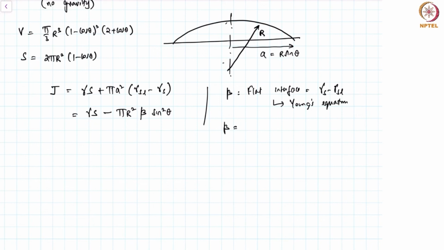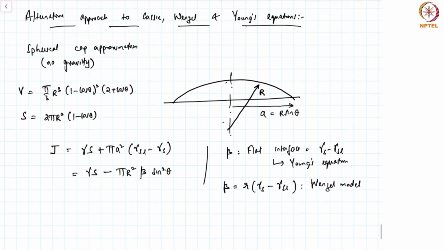In the case of the Wenzel state, if I apply this β to be R times (γs minus γsl), then we get the Wenzel model. And we can do something similar for the Cassie-Baxter state, where β will involve the roughness elements, or the chemical heterogeneities. Once we do this, we can do an energy minimization and get the same result that we had obtained.